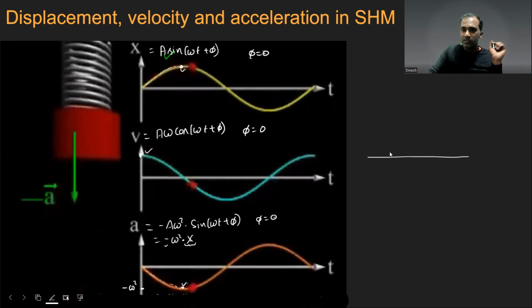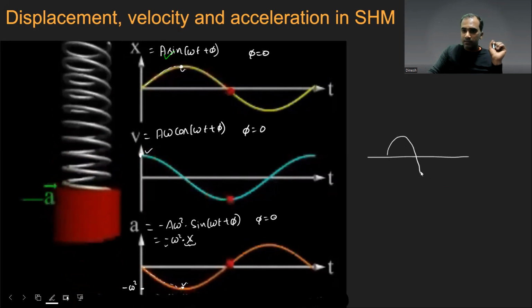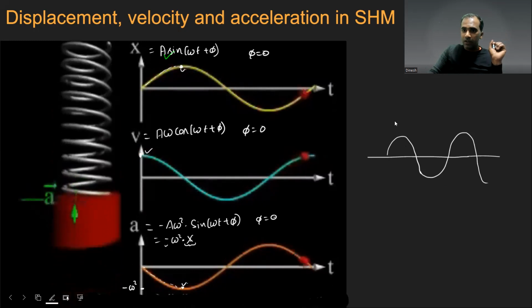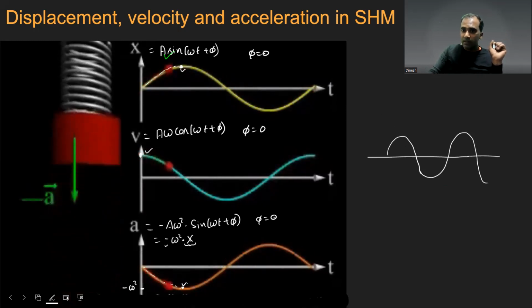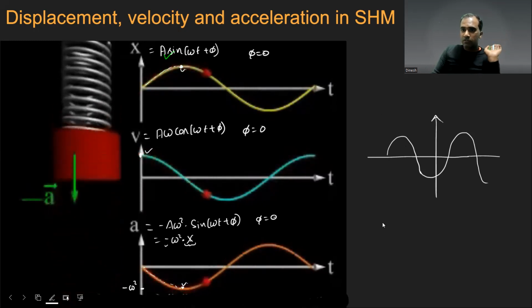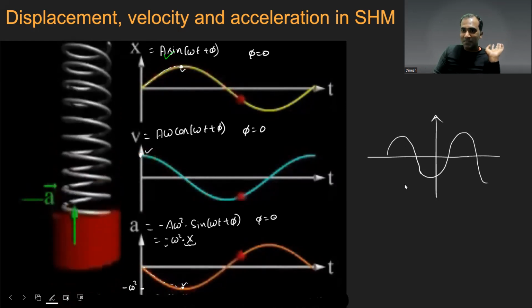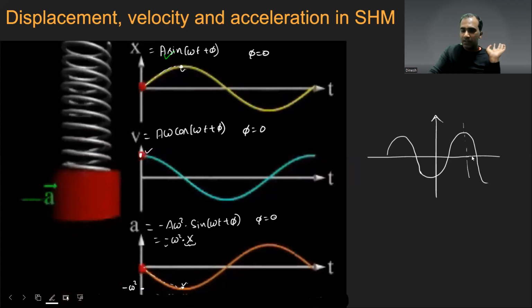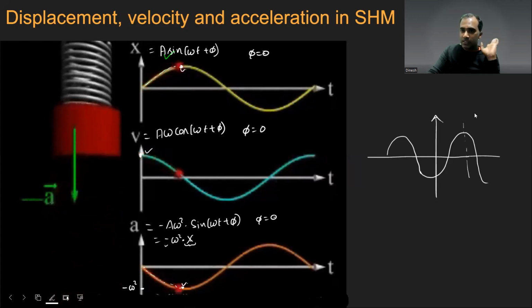Sinusoidal means this kind of curve, this kind of graph. This vertical line can be anywhere, and we can still call it a sinusoidal function. If you take the vertical line here, you can write it as a cos omega t plus 0.